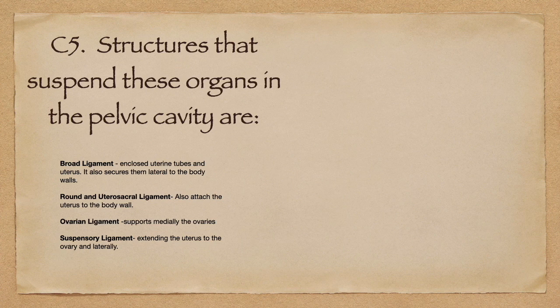The round and the uterosacral ligaments also help attach the uterus to the body wall. The ovaries, on the other hand, are supported medially by the ovarian ligament, extending from the uterus to the ovary, and laterally by the suspensory ligament.